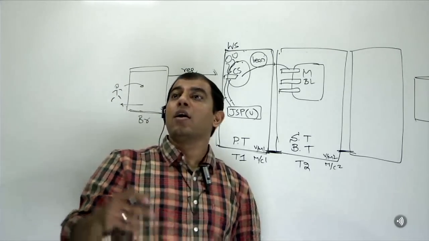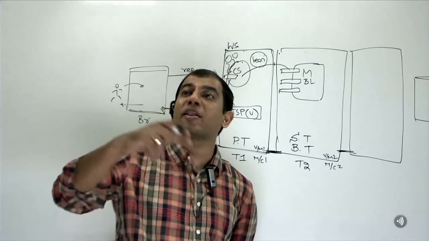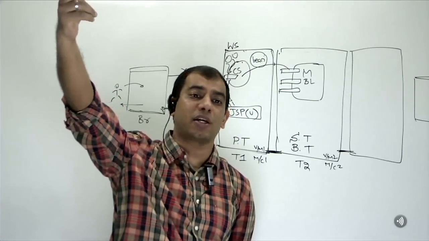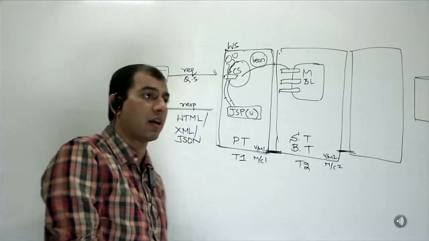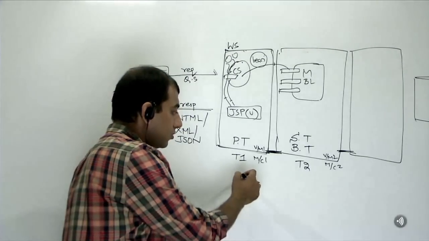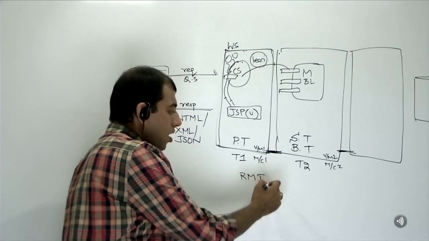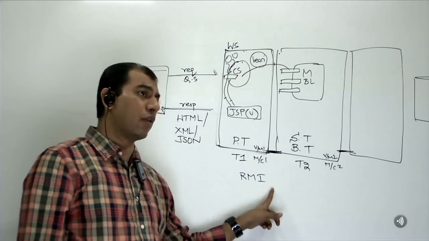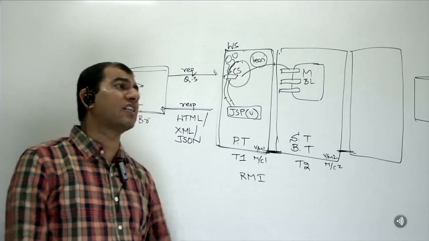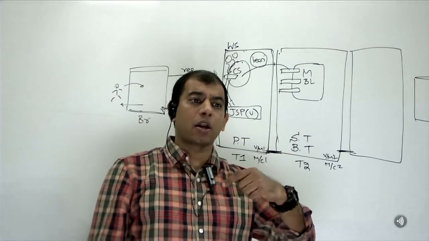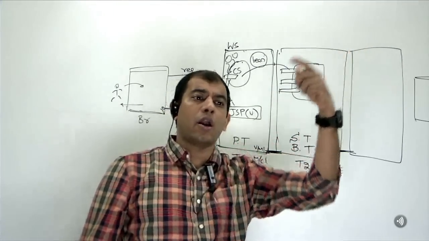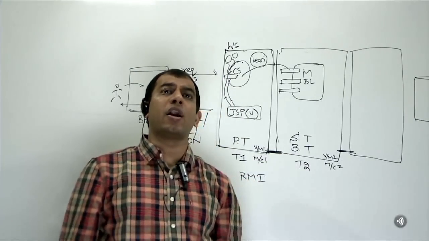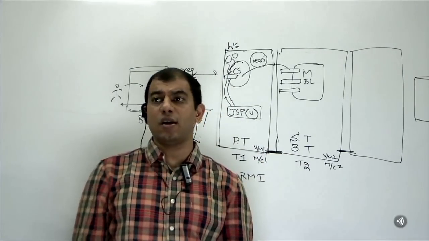The question where one object can invoke a method on another object, where that other object is running on a different VM remotely. That's the clue. It is called Java RMI, Remote Method Invocation. Remote Method Invocation gives the ability for an object running on one machine to be able to invoke a method on an object running on a different VM and a different machine as well.